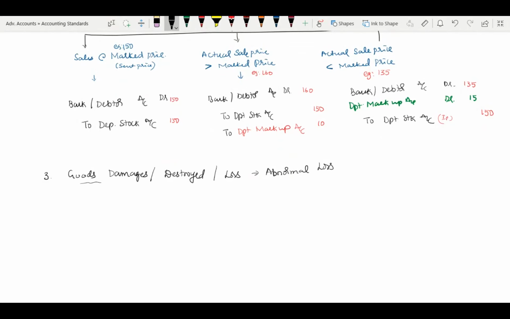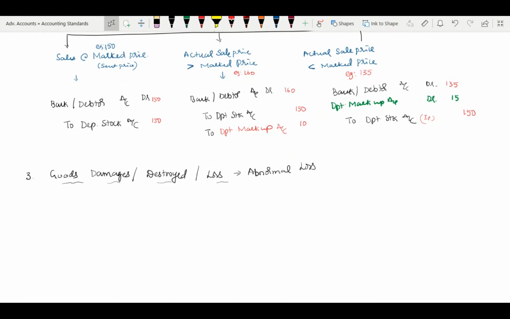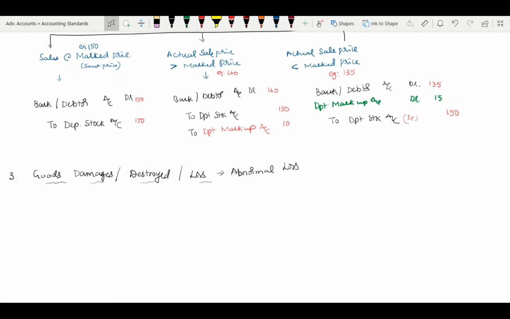my difference. In this case, imagine there is no realization. That means the bank or debtor account itself will not come because there is no realization. Not even one single paise has been realized. Got it? So now here, if the goods are lost, my dear friend, look. Goods are lost. Therefore, anyway from stock I have to remove because stock is not available. But stock anyway I have to remove.